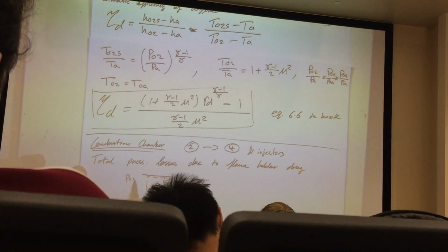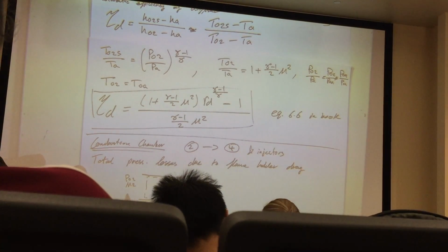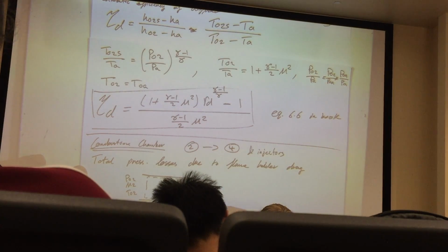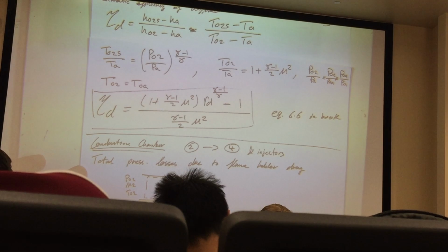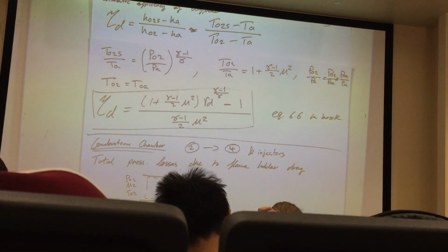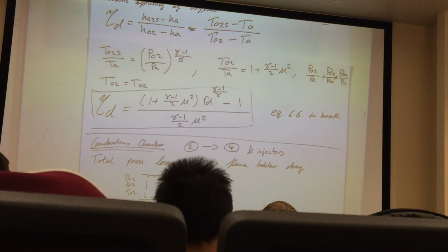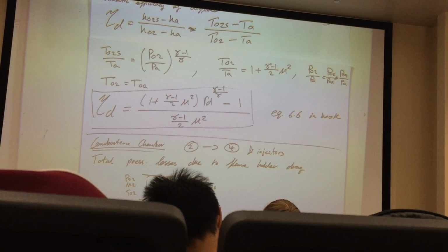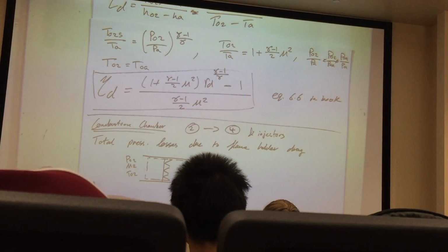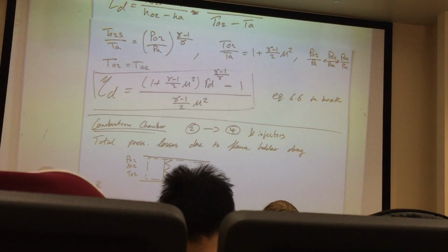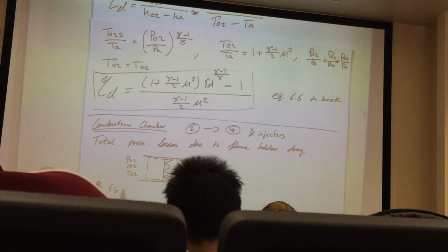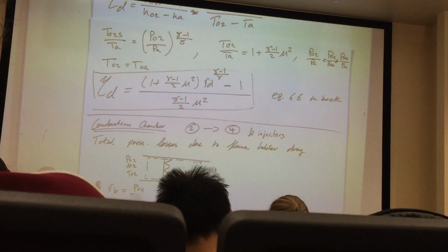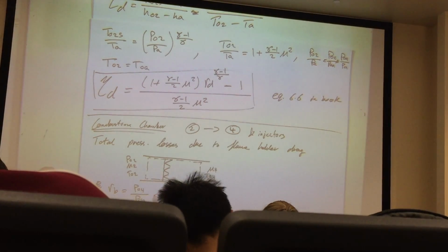So P02, M2, P02, M4, P04, P04. So I have some pressure stagnation loss, RB. RB stands for burner, is equal to P stagnation 4 over P stagnation 2, which is less than 1.